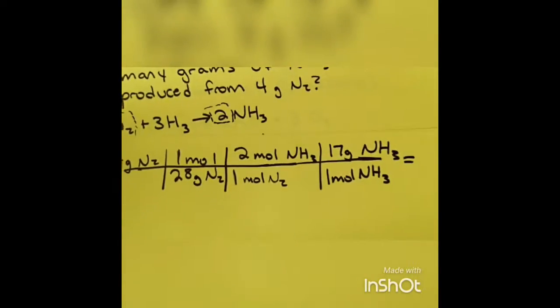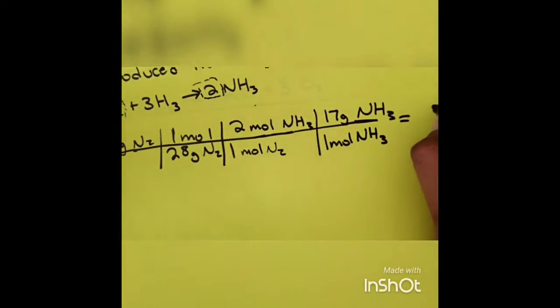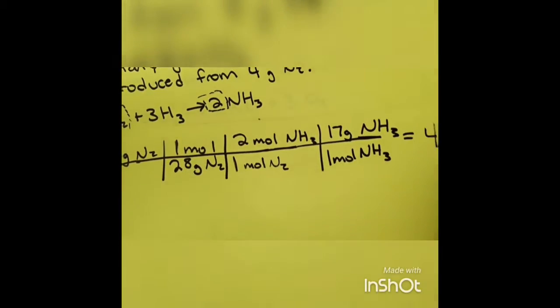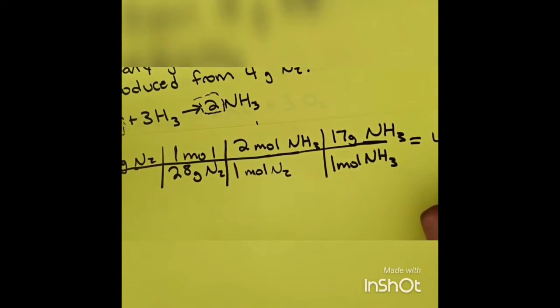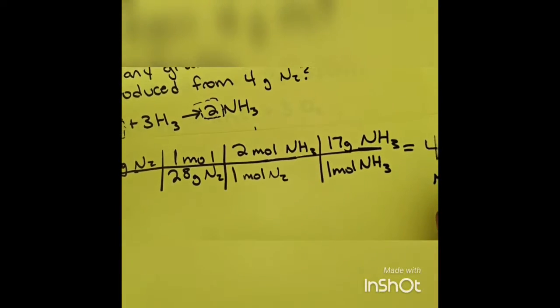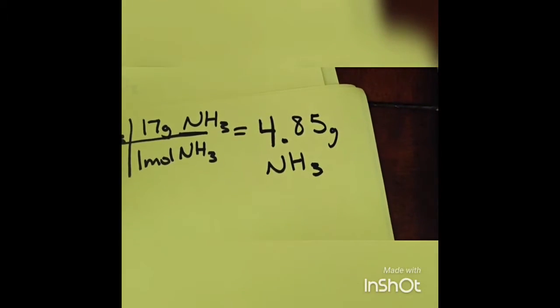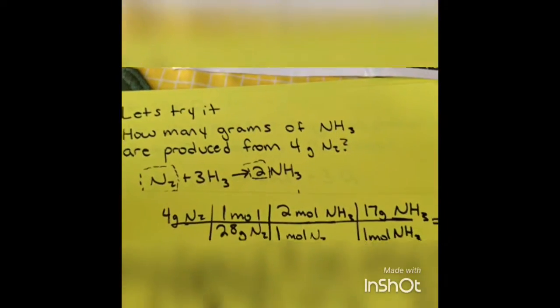When you multiply everything across the top and everything across the bottom and divide those two, the number that you get is 4.85 grams of NH3. And you found your answer.